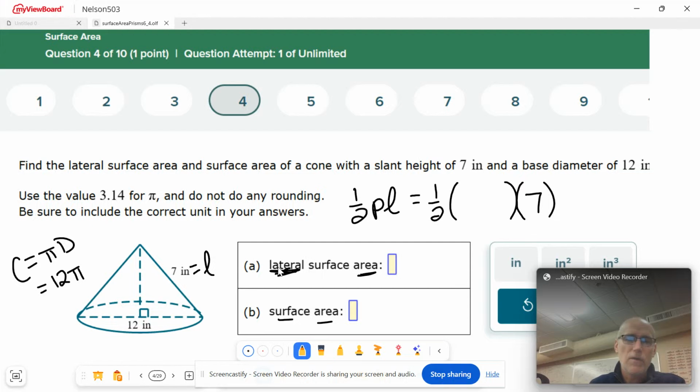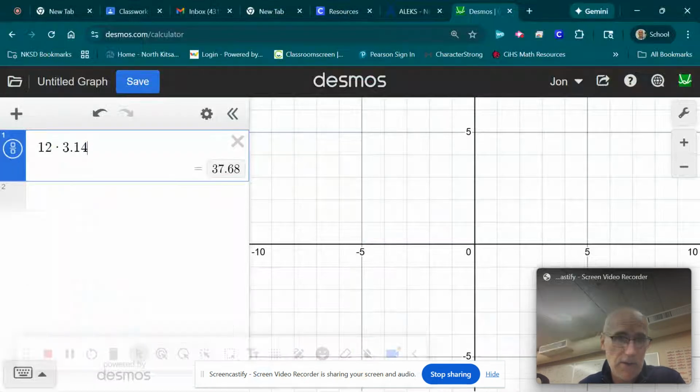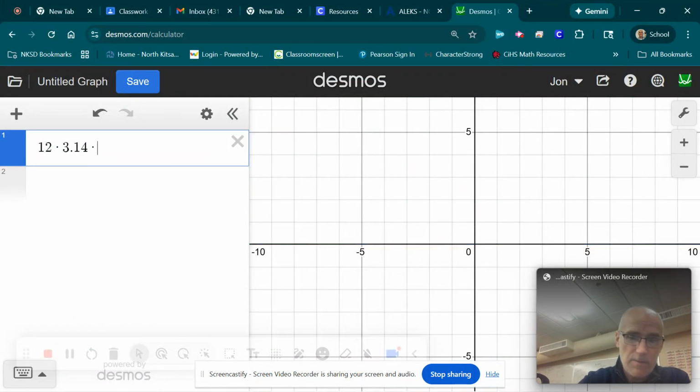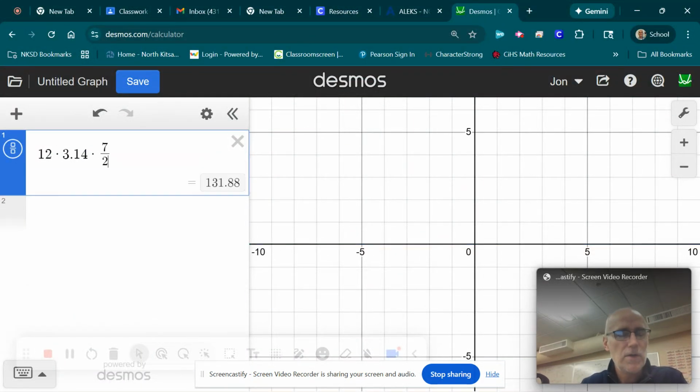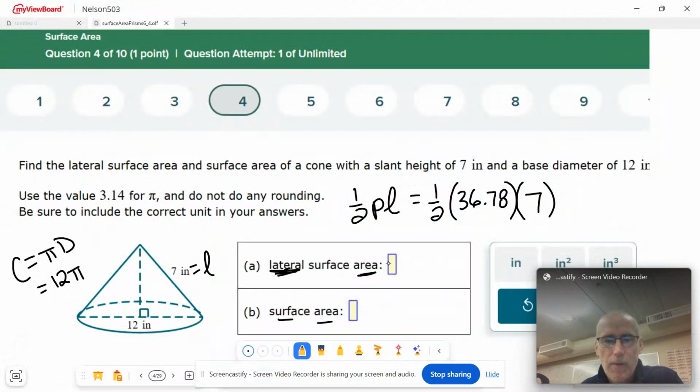So I jump back over here, and I need 37.68 right here. So I still got to multiply by 7 and divide by 2. So I could do times 7 divided by 2, and I get 131.88. Do you see how I can just multiply like that and then divide by 2? That'll work. Then I jump back over here, 131.88.